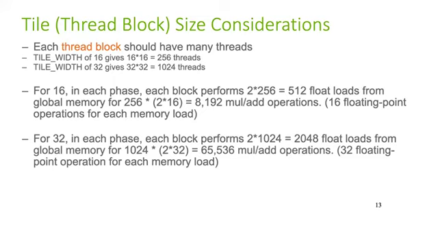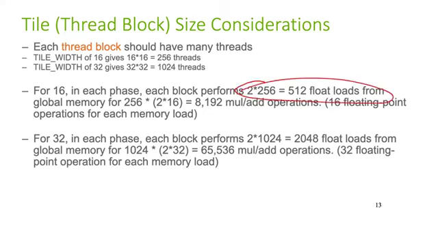Then I'm going to churn in that inner loop for some number of flops after I've done those loads. So I do 512 float loads from the main memory, and then I have 256 threads, each of which is doing an add and a multiply. That's the 2. Let me highlight this. Some of you are squinting as you're following along with my math here.